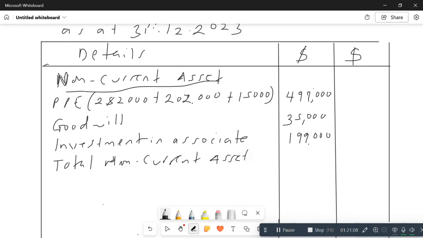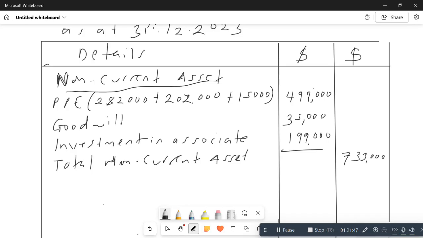Let me try here as you are also adding that side. It is 499 plus 35 plus 199, which is 773,000. Good. Let's bring current asset.